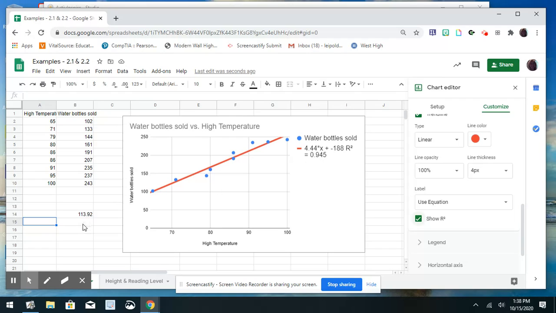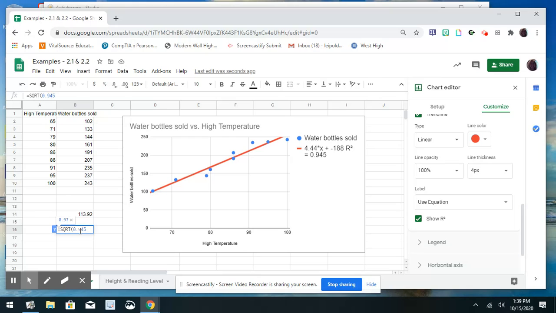To change it to R, you have to come over to the spreadsheet, select any open cell, and then type in equals, then in capital letters, SQRT, and again, that's the square root. Then hit Shift 9 to get the left parenthesis. Type in that number, 0.945.